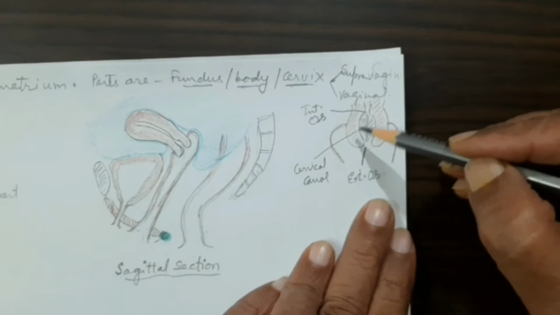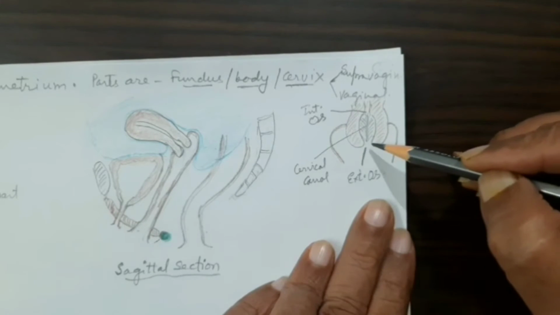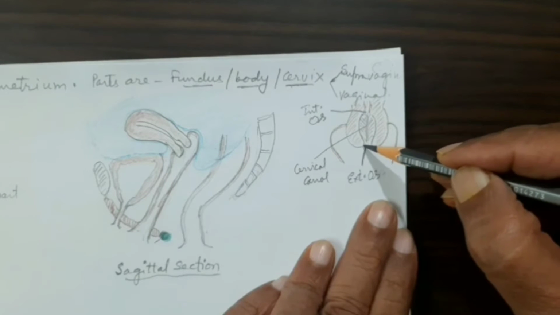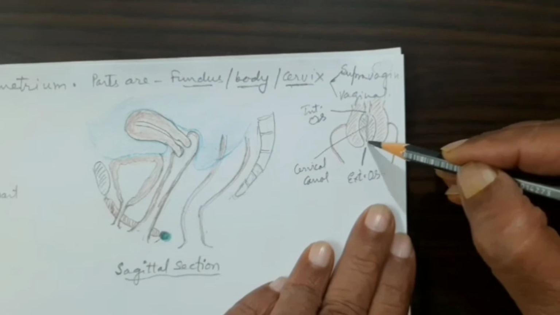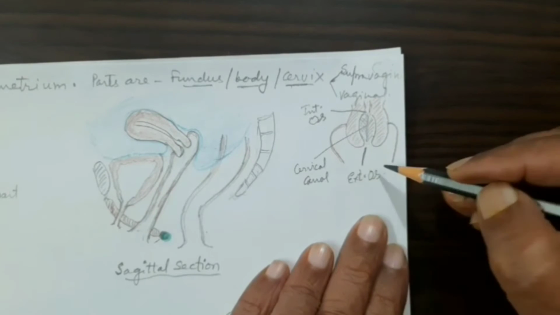Now, this part of the cervix, which is within the vagina, has an opening, and this opening in the cervix is called the external os.